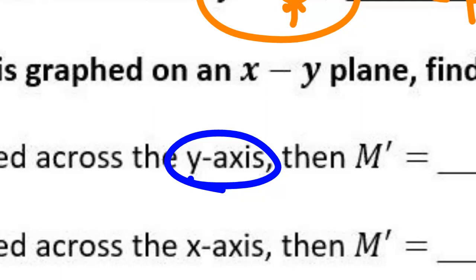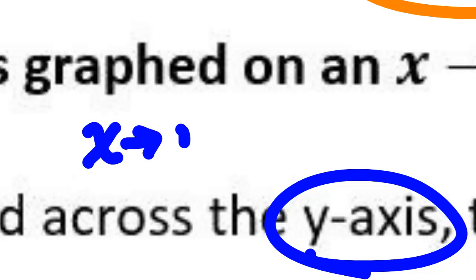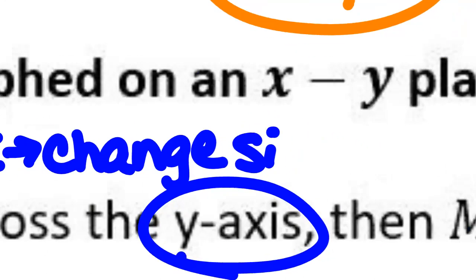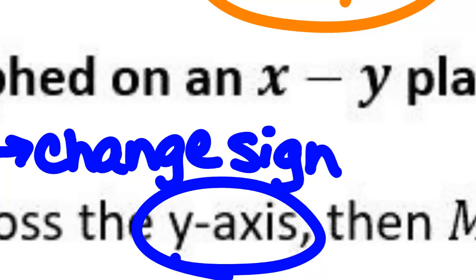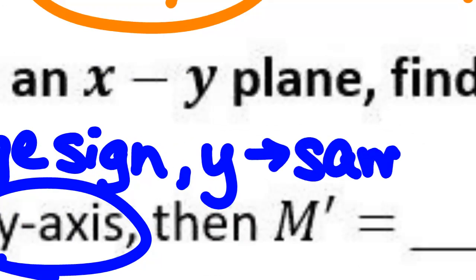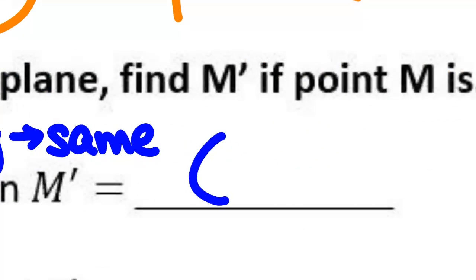All right, when we reflect across the y-axis, this was front side stuff. Does anybody remember what changes and what stays the same when we reflect over the y-axis? Yes, x is going to change and y is going to stay the same. So if my point M was 4, -7, where would M prime be then? -4, -7.